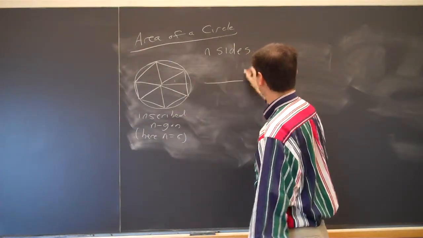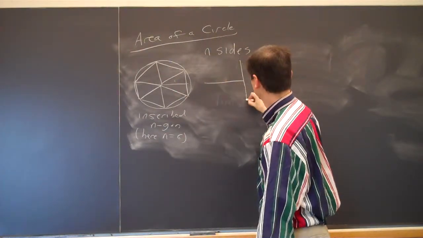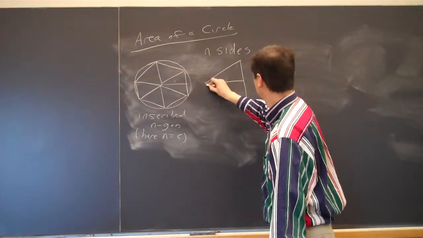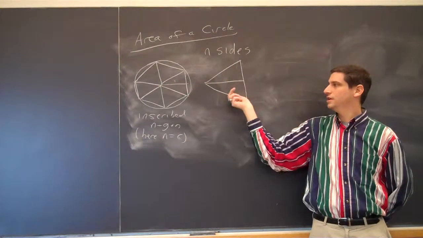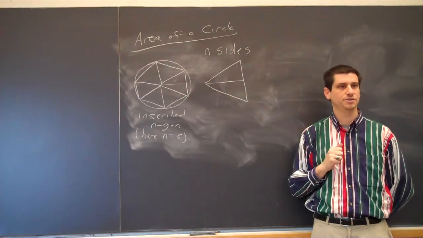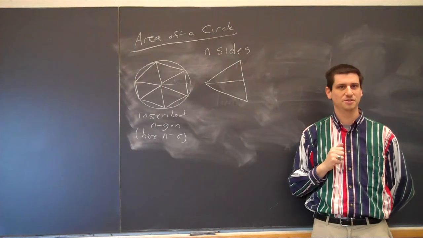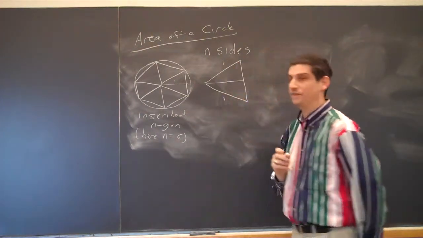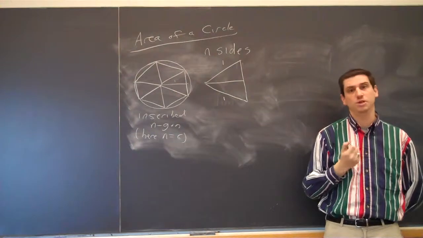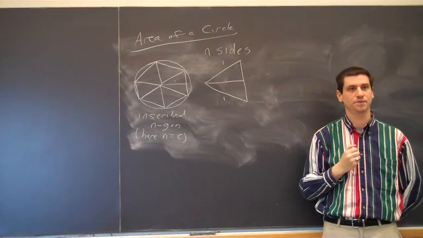Let's see what one of the triangles is going to look like. What's the length of these two hypotenuses? 1, because it's a circle of radius 1. If I had a circle of radius r, it wouldn't be too difficult to change.